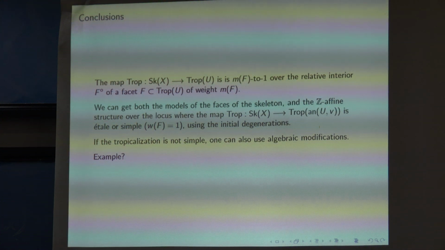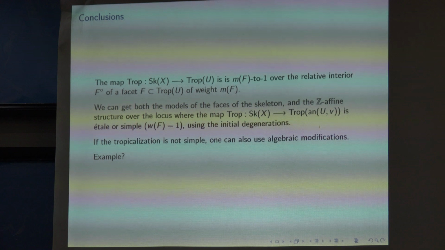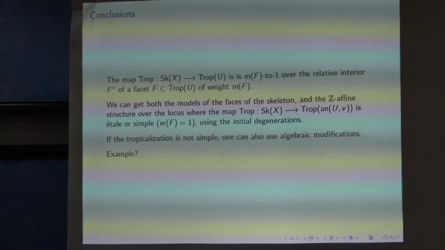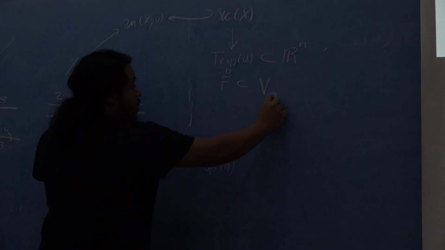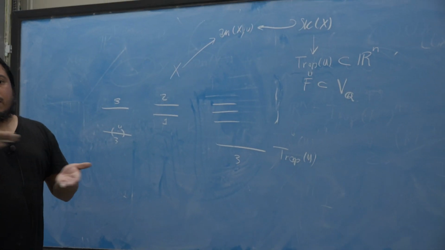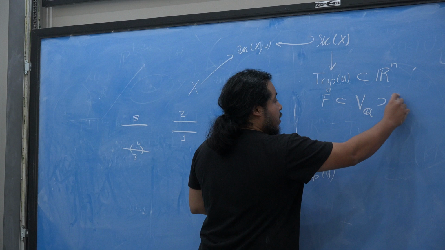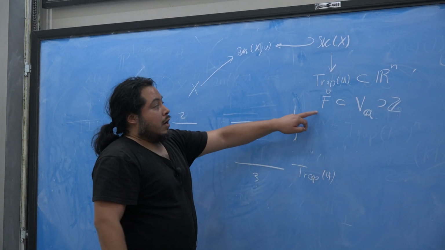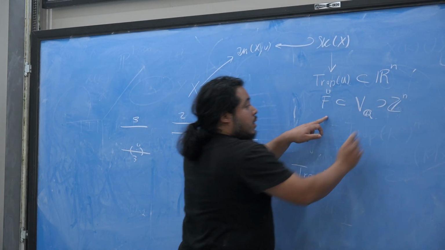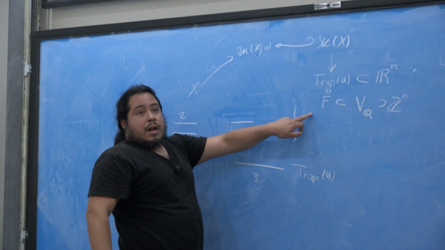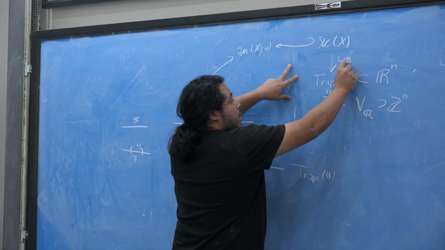As I told you, every phase here is inside some rational linear k-space, so there is a lattice associated to your phase, and this is basically the logarithm.